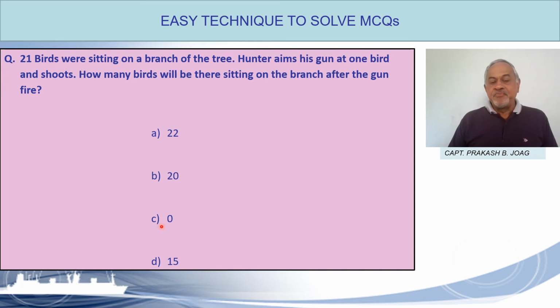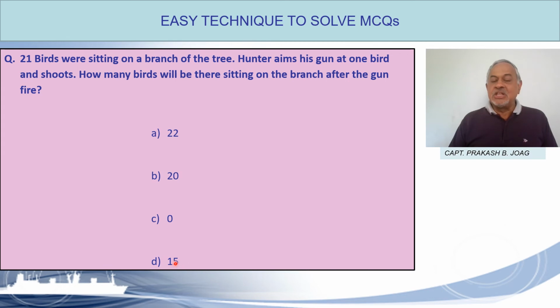Option C is 0. So can 0 be correct? We may think maybe we did not understand how all the birds will get killed with one gunshot. That is what some students may think. That's why with B and C we are a little confused.